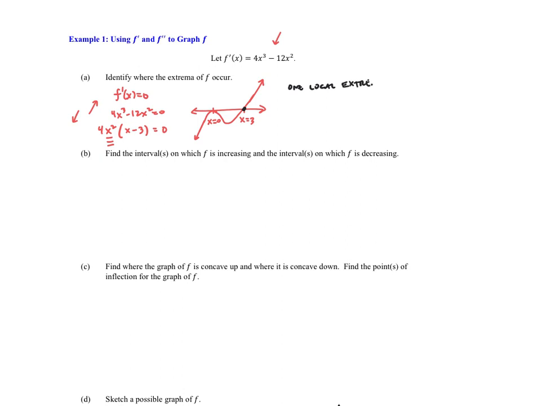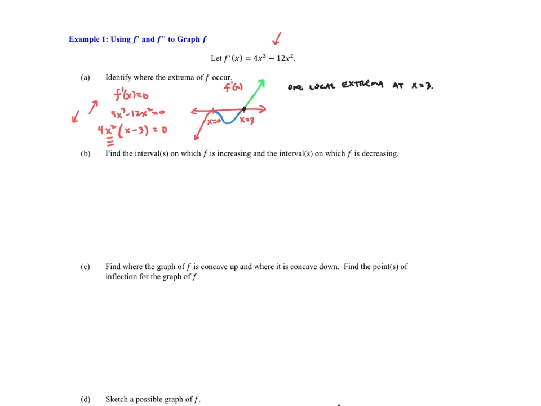Drinking water and whining. One local extrema at x equals 3. Now classify that local extrema. Now if we're looking at the graph of f prime, it is less than 0 on this interval, and then greater than 0 on this interval.